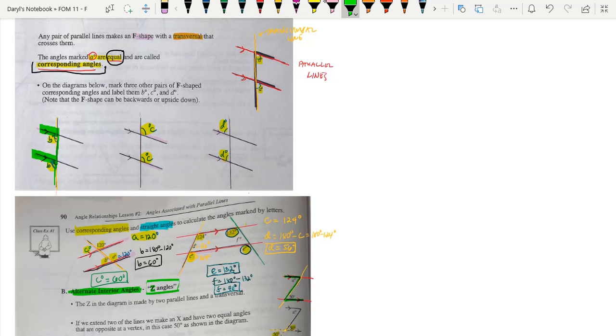And then the second pattern, you have the inverted F, but still that is an F pattern. So corresponding angles would be this and this. And if you measure the two angles, they are equal.